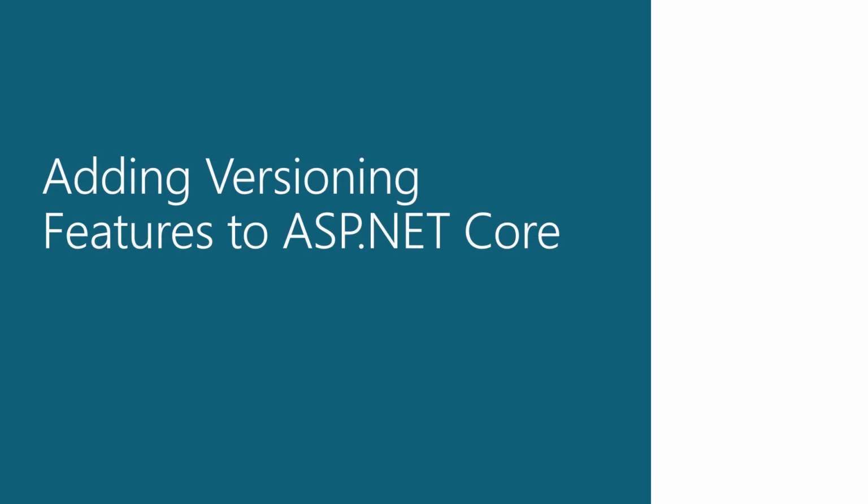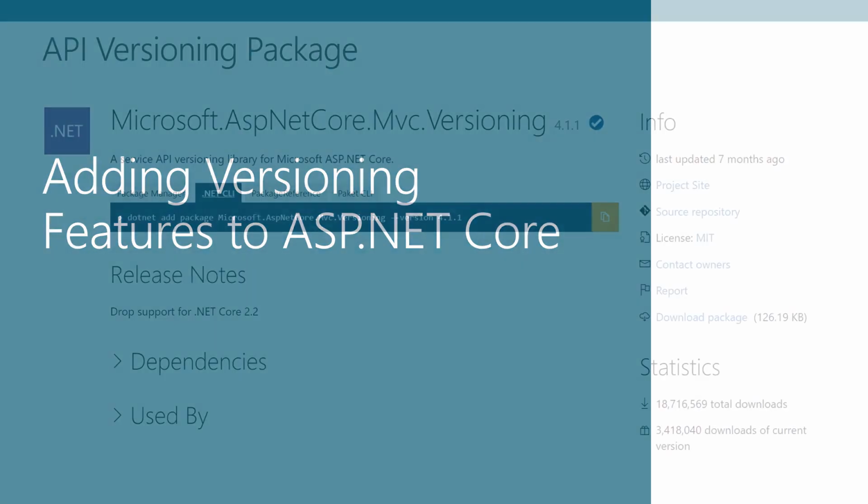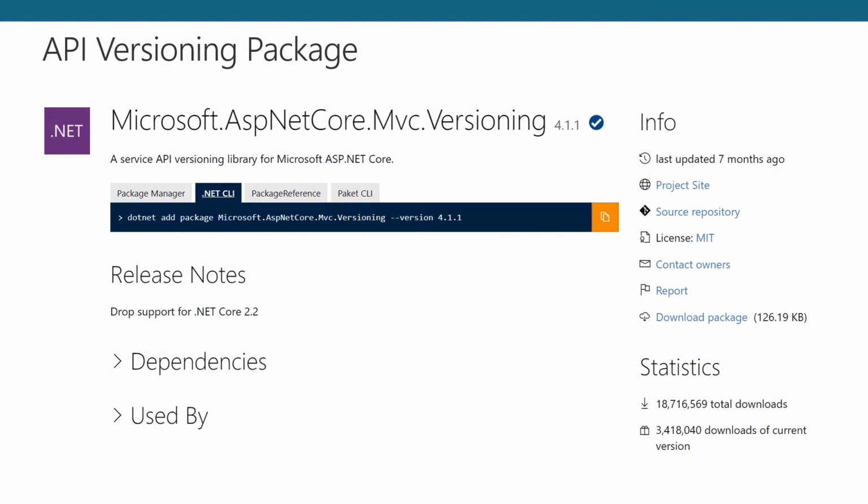In this section, we're going to talk about the steps necessary to add API versioning support to our ASP.NET Core APIs. Unlike most of the modules in this course, API versioning is not a core component of the ASP.NET Core stack. You'll need to install a separate package to add this functionality.